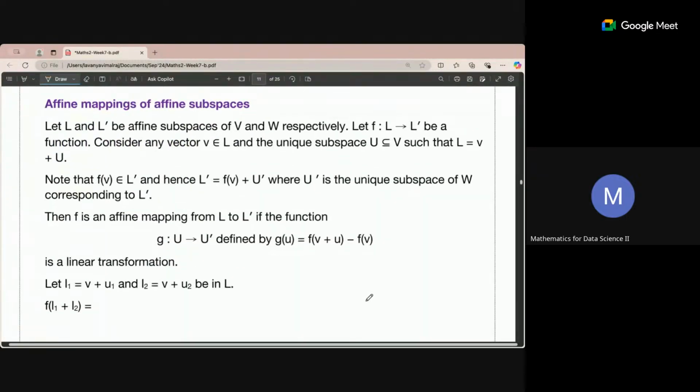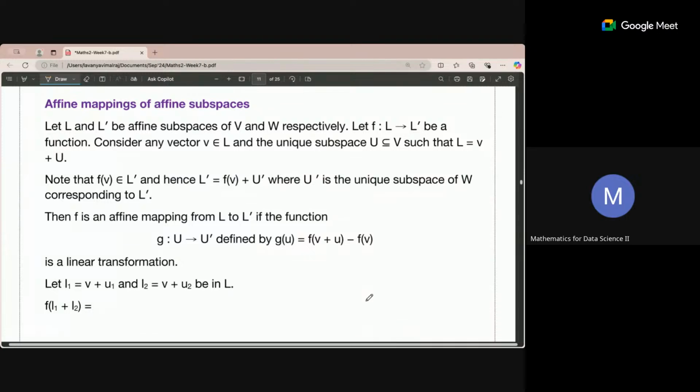Okay, coming to affine mappings. Affine mappings are not very straightforward like linear transformations, because even for defining addition and subtraction in affine spaces, we come back to the subspace and then go back to L. Understanding that itself was not very easy.